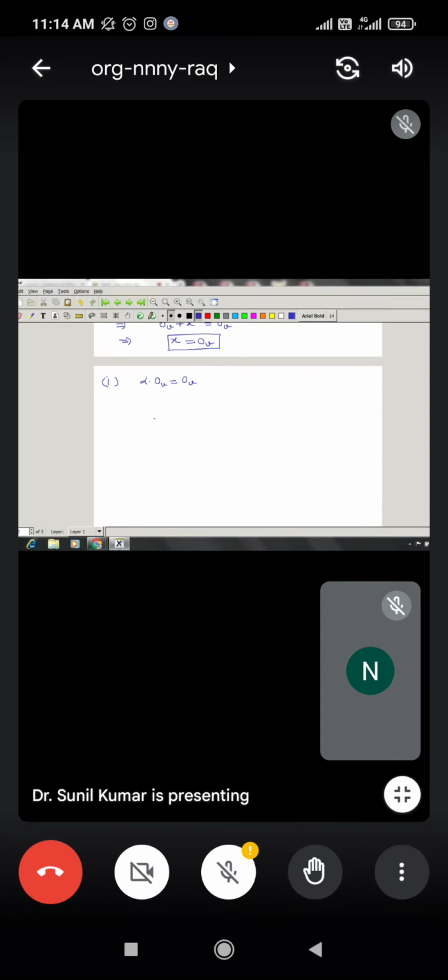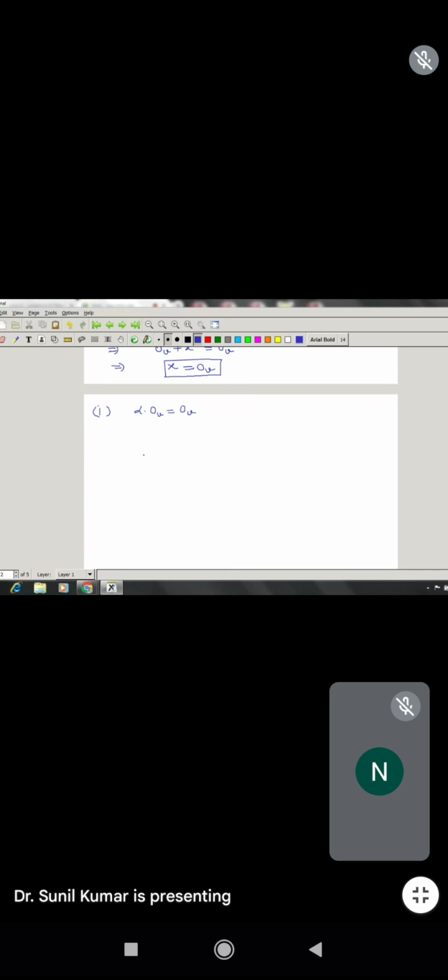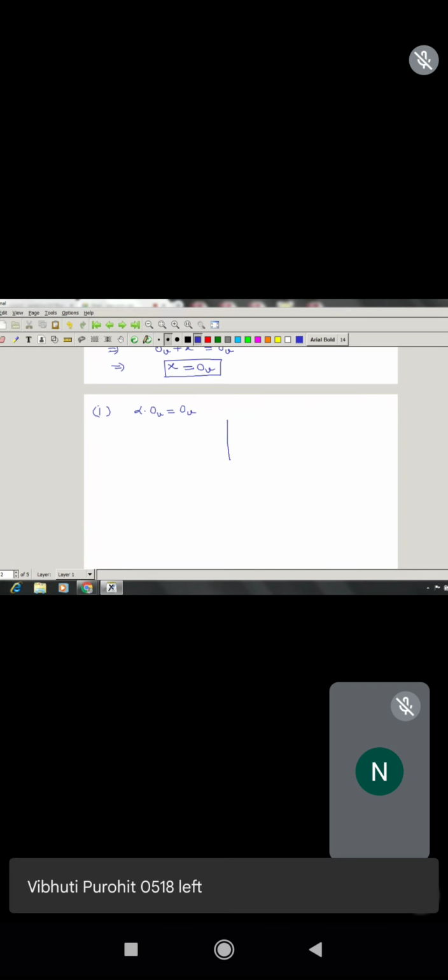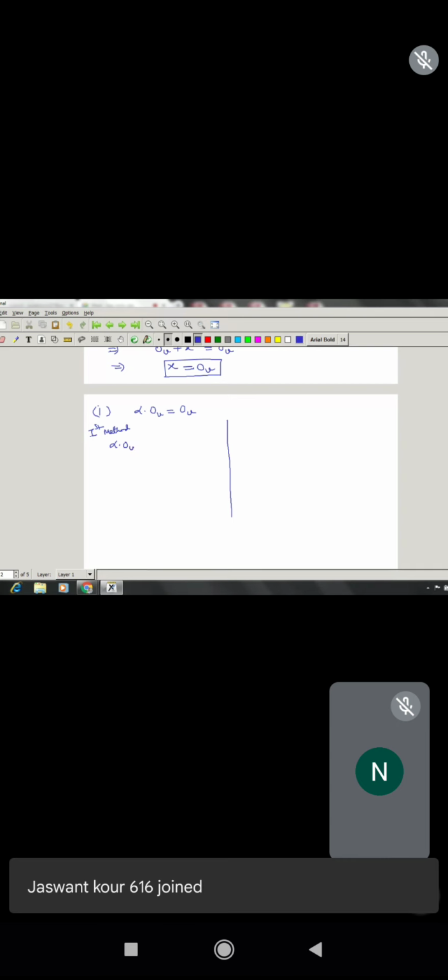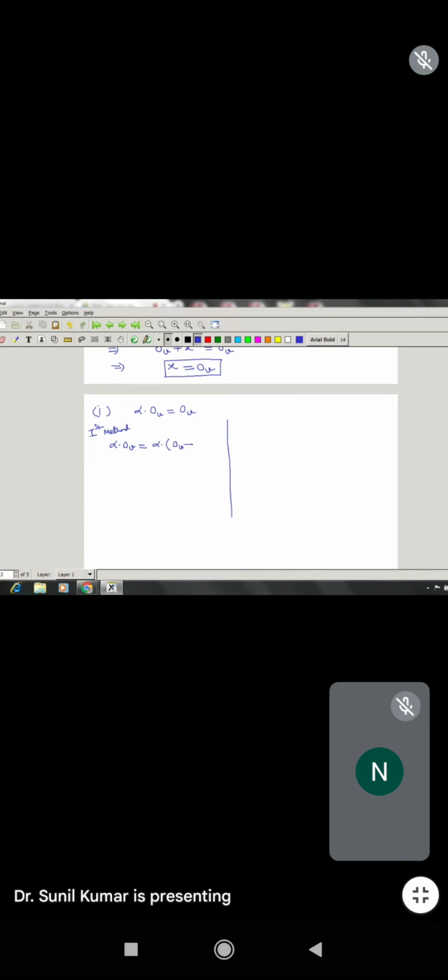How can we prove this? Yes, anyone? We can do this in two ways. First method: can I write alpha dot 0v as alpha dot (0v plus 0v)? Can I write 0v as 0v plus 0v?